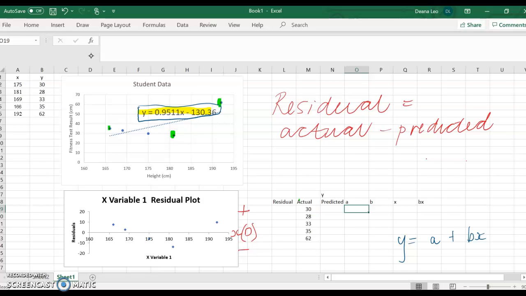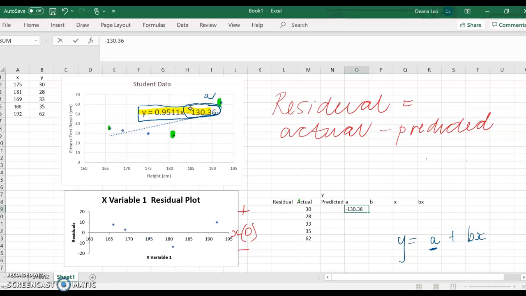So our a is the term sitting by itself up here, and it's actually negative. So if you could put in here negative 130.36, that is the a from the formula up here.